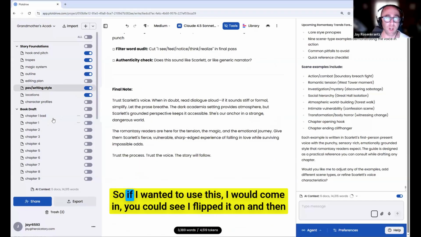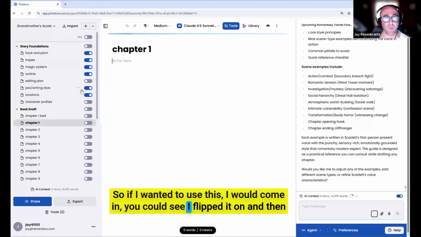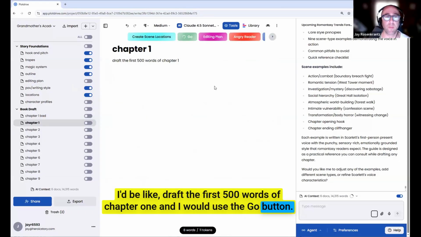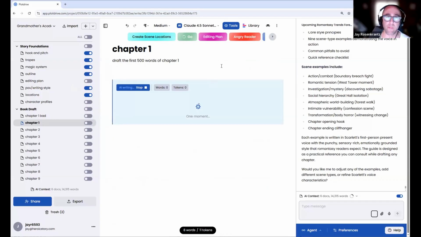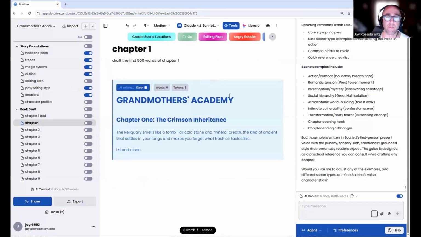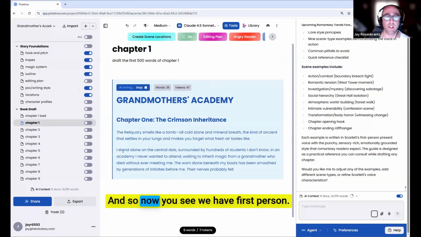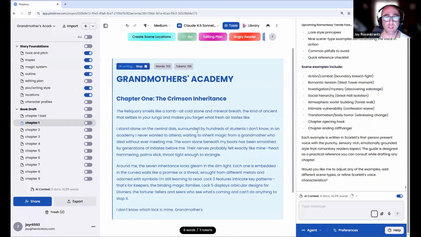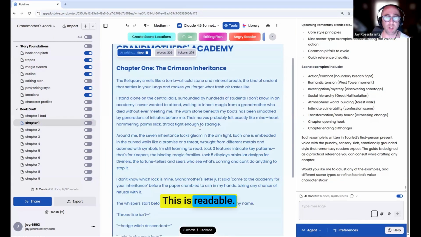Okay, so if I wanted to use this, I would come in, you could see I flipped it on, and then I'd be like, draft the first 500 words of chapter one. And I would use the go button. And so now you see we have first person. This is readable.